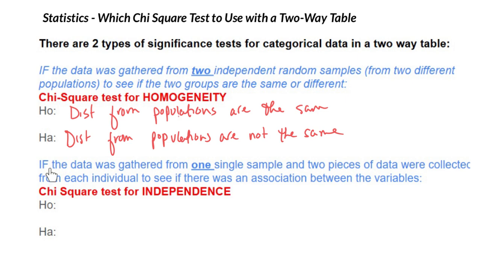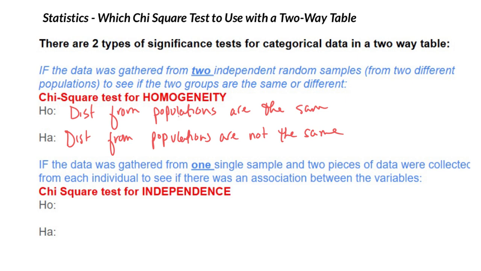Then the other type is if the data was gathered from a single sample, but we collected two pieces of information from each individual. So this is one sample, but each person provided two answers. You know, they maybe answered, what age are you and how are you going to vote in the upcoming election or something like that. So again, this takes some careful reading of the problem.